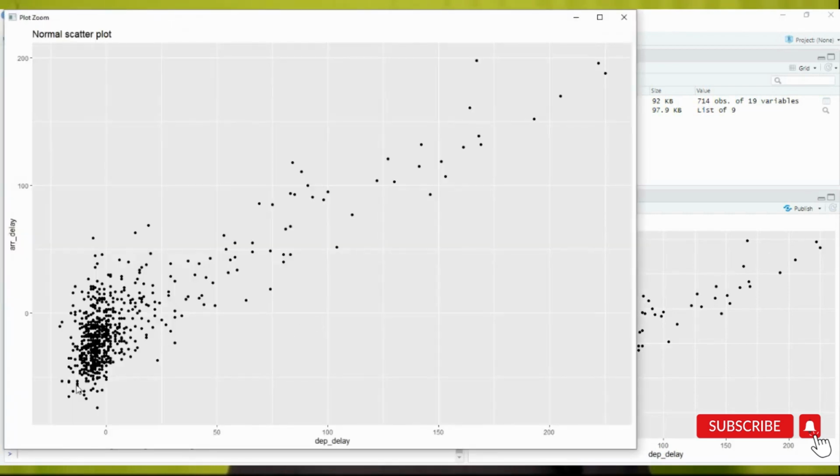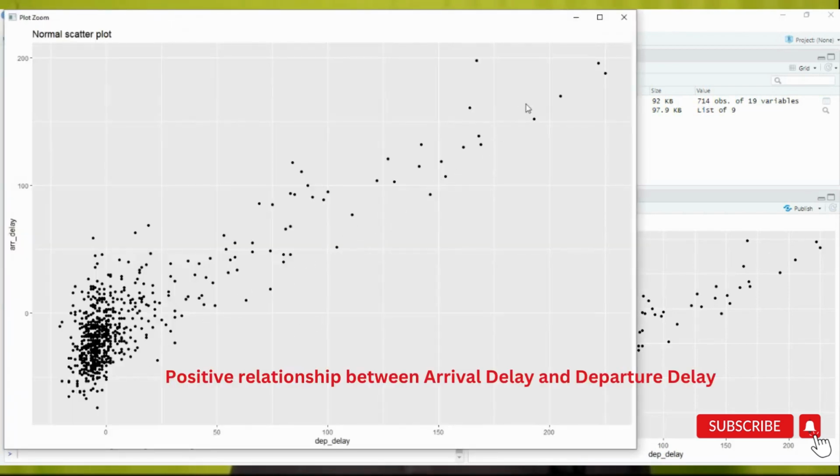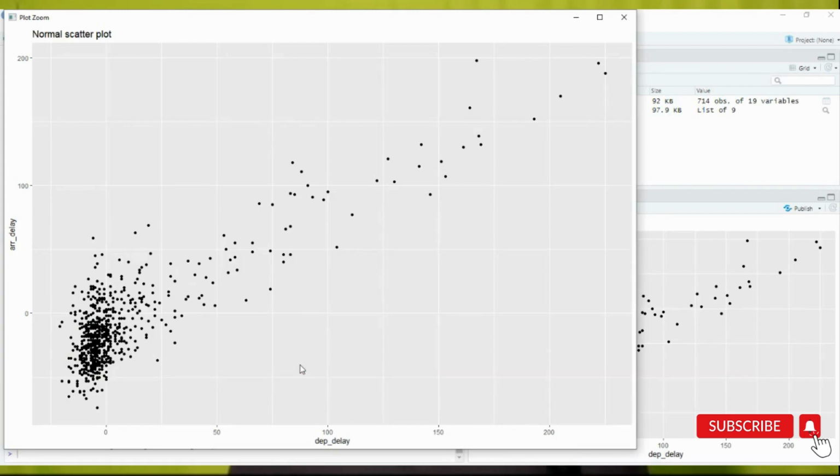First, you will observe that there is a positive relationship between arrival delay and departure delay. As departure delay increases, arrival delay also increases. You can also see a large mass of points clustered around the origin.